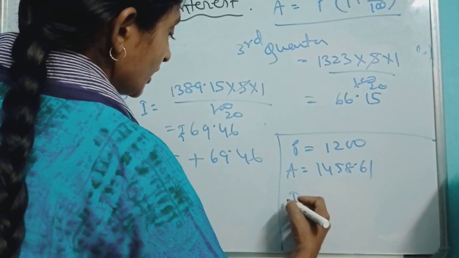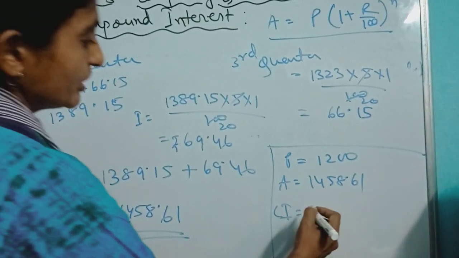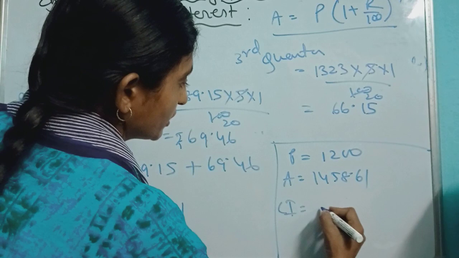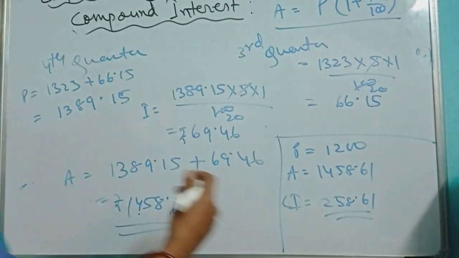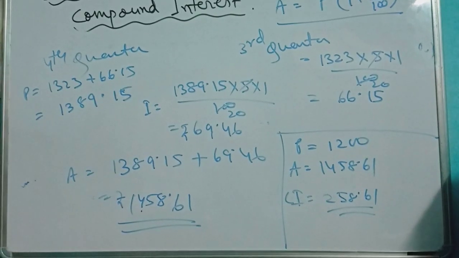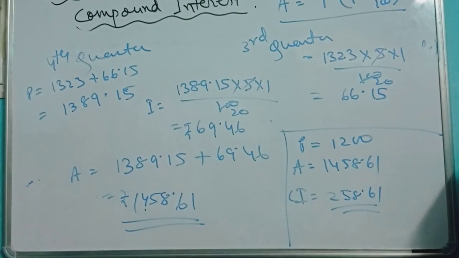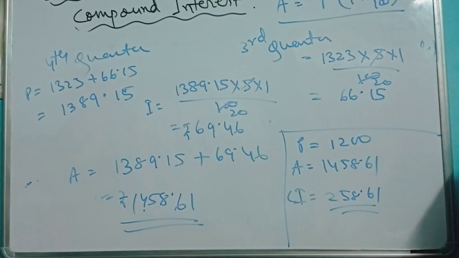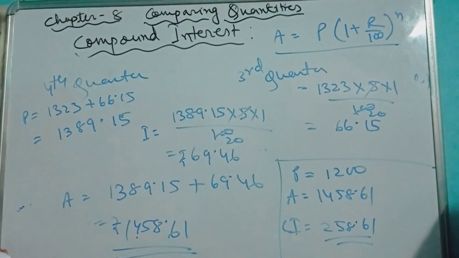So what is the compound interest he has got in 1 year? After subtracting, we get 258.61. This is the interest he will earn if he keeps this money in compound interest for 1 year, compounded quarterly, and the rate of interest was given as 20%.